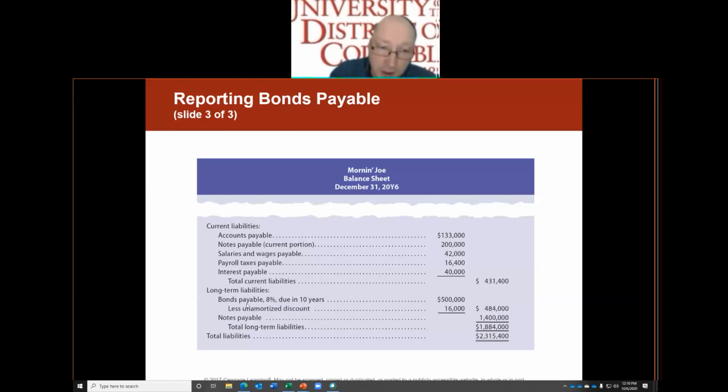Then your long-term liabilities, it'll spell it out. It'll say bonds payable. It'll usually give the interest rate and when it's due, in 10 years, less unamortized discount, plus any notes payable gives you total long-term liability, and then your total liability. So this is kind of like a breakdown of what it would look like on a balance sheet.